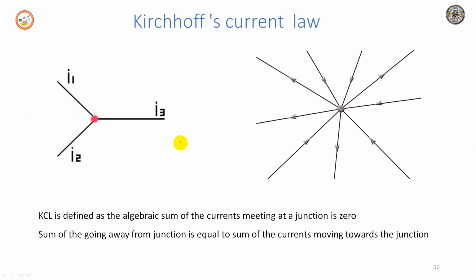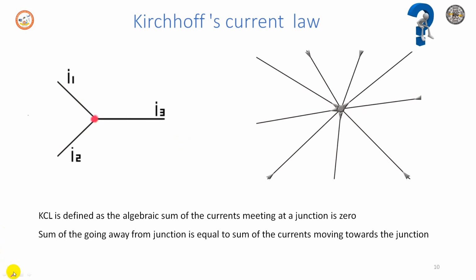The arrow marks move towards the junction, and current also leaves the junction. KCL can be defined as: the algebraic sum of the currents meeting at a junction is 0. That is, the sum of the incoming currents is equal to the sum of the outgoing currents. This is all about Kirchhoff's current law.